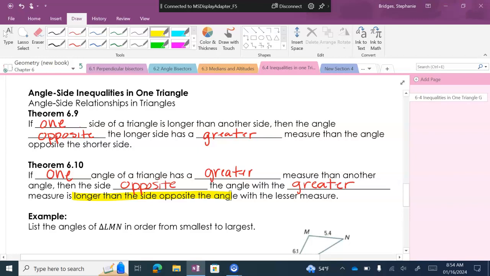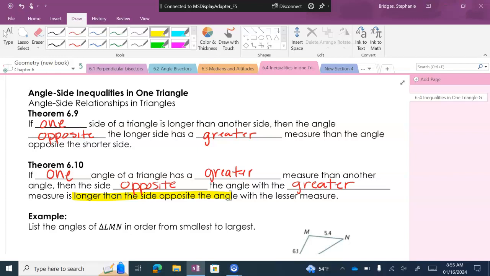So in this case, I would want to compare segment AC to segment AB. Is AC longer than or shorter than AB? Look at AC. What angle is across from it again?